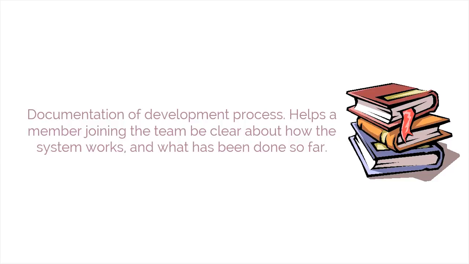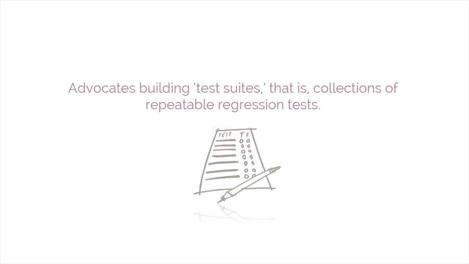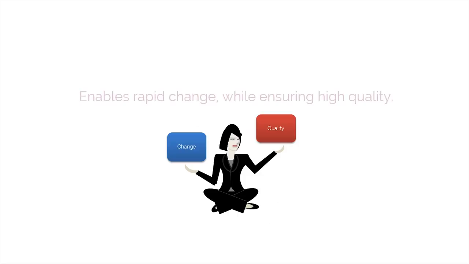This helps a member joining the team at a later stage be clear about how the system works and what has been done so far. Fourth, it advocates building test suites, that is, collections of repeatable regression tests. And last, TDD enables rapid change while ensuring high quality.